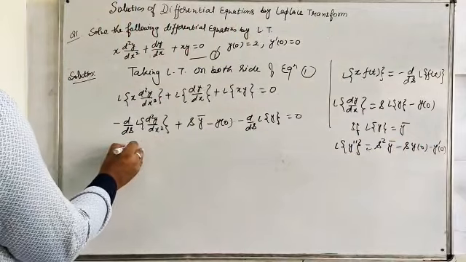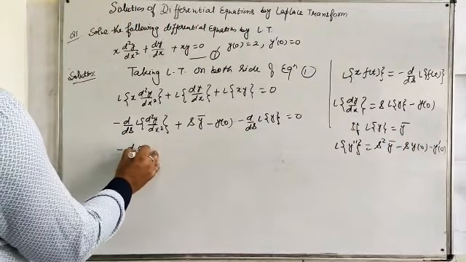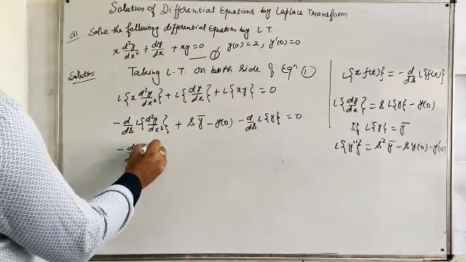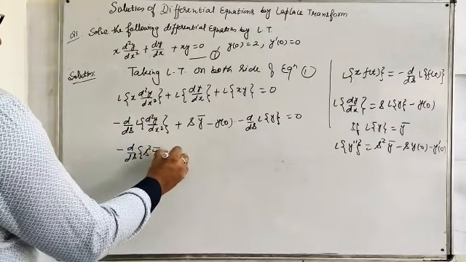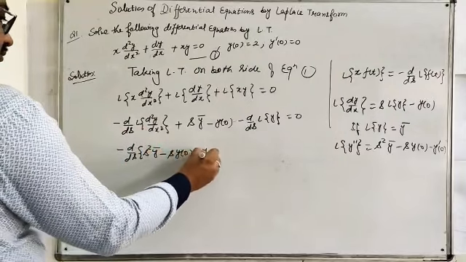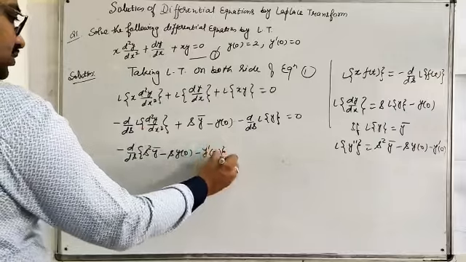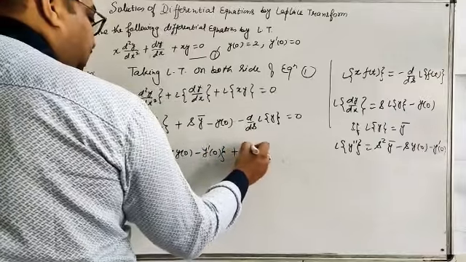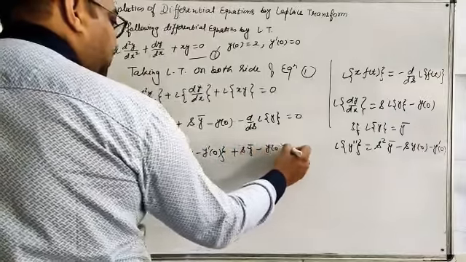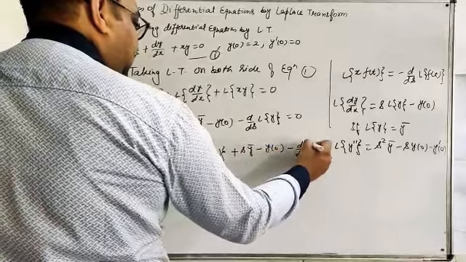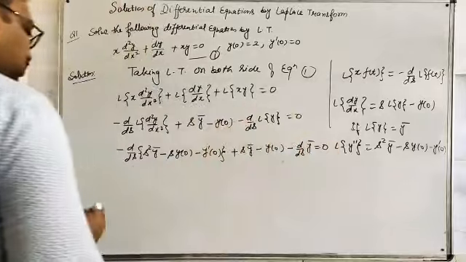So we can write it as minus d upon ds of s square y bar minus s y(0) minus y'(0), plus s y bar minus y(0), and minus d upon ds of y bar, equals 0.